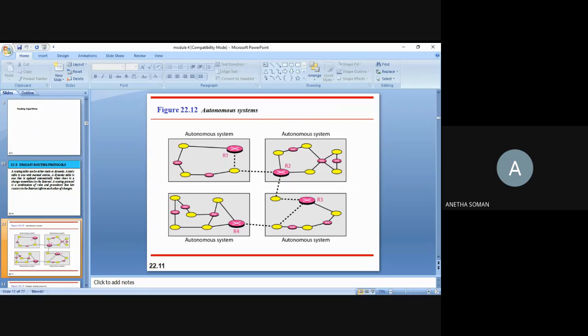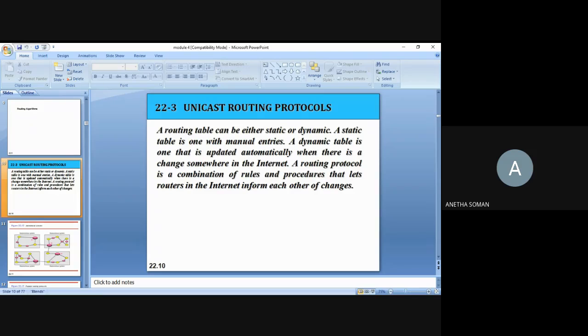Now you have got several types of routing protocols. Out of that, the first one is called the routing information protocol. Later you will be studying 3 different types of routing protocols.